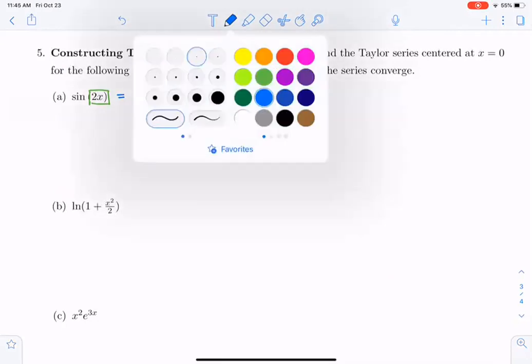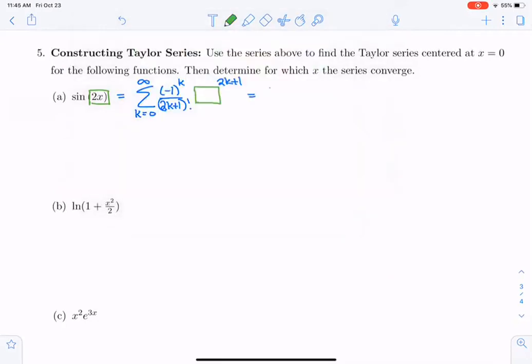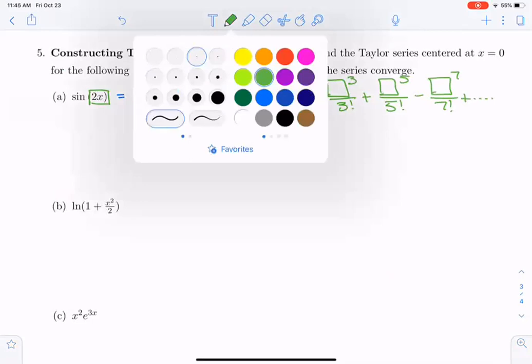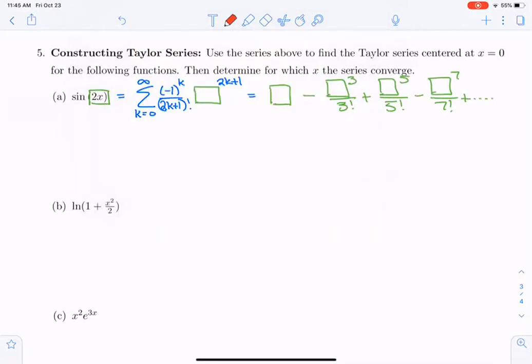What that ends up equaling is essentially the box minus the box cubed over 3 factorial plus the box to the 5th over 5 factorial minus the box to the 7th over 7 factorial, etc. But the thing that we want to stick in this box is 2x. So everywhere I see the box, I'm going to put in a 2x.